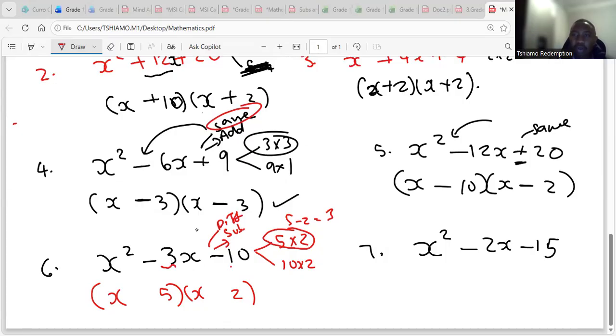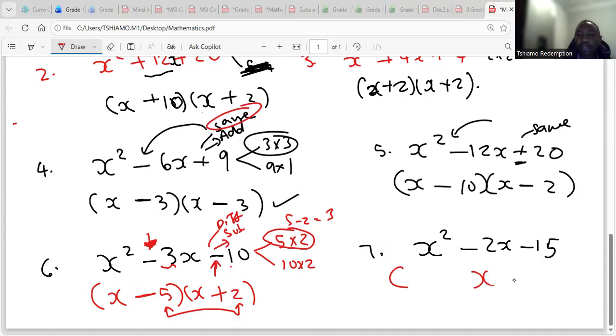But how do we choose? We look at the sign in the middle. It's a negative, so the number between these two will have the sign of the middle term. Since 5 is bigger, it will have a negative, and automatically this one will have a positive. So the signs must not be the same if here you have a negative.